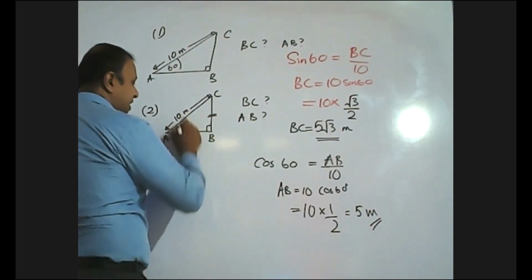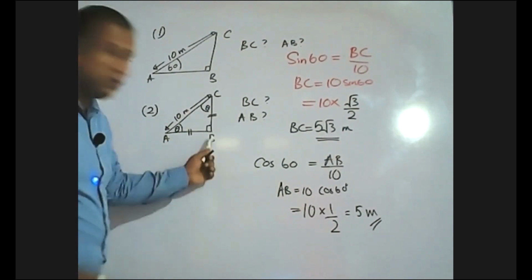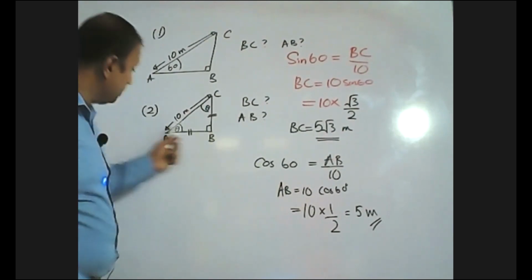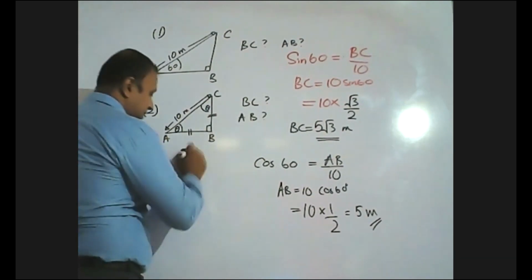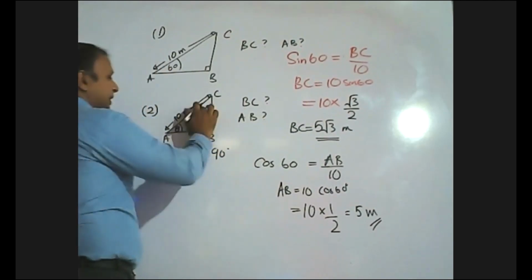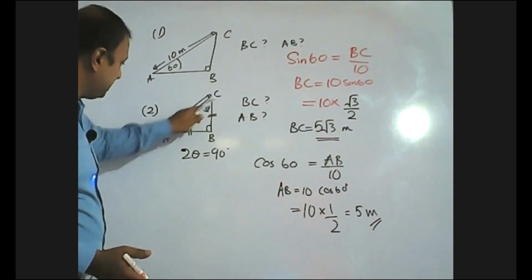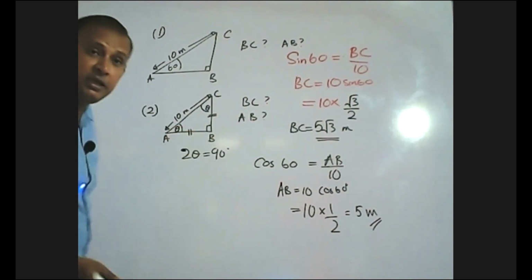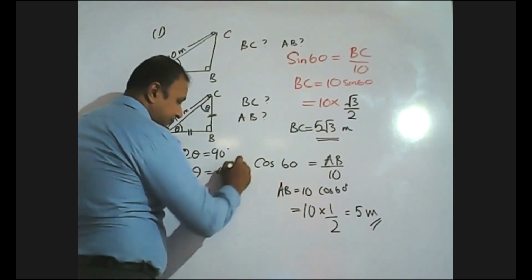So if each is theta, and this one is 90 degree, then 2 theta plus 90 is equal to 180. That means 2 theta is 90, so theta is equal to 45 degrees.